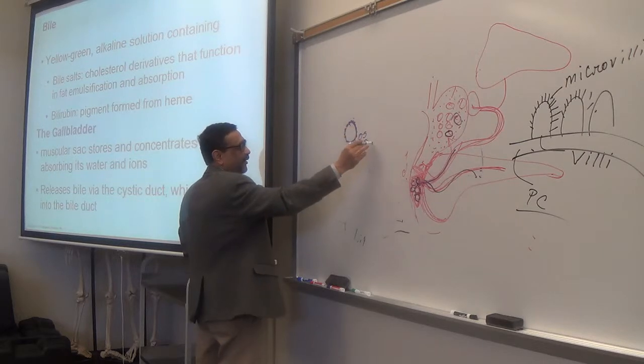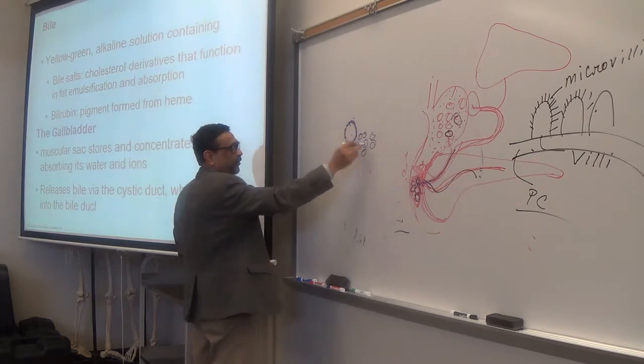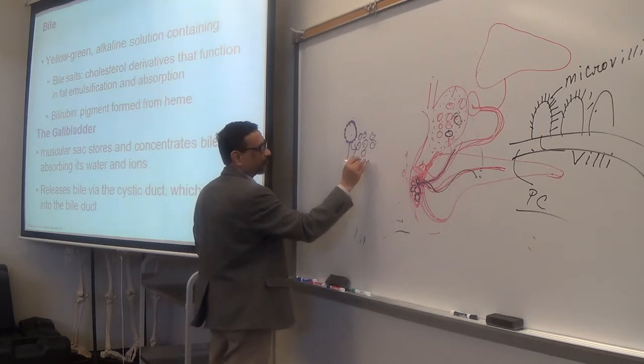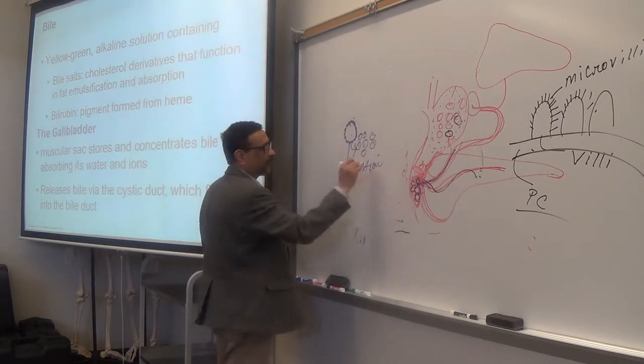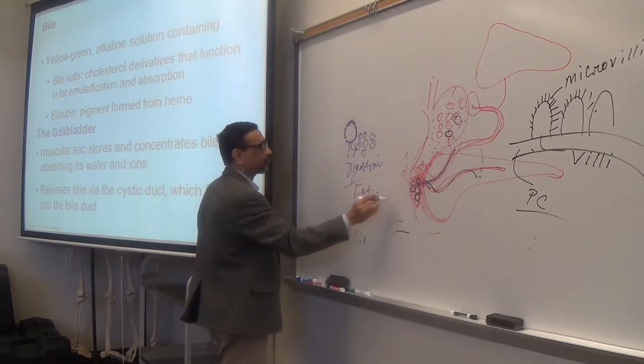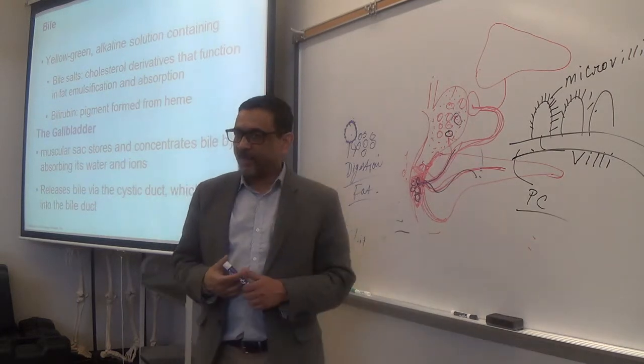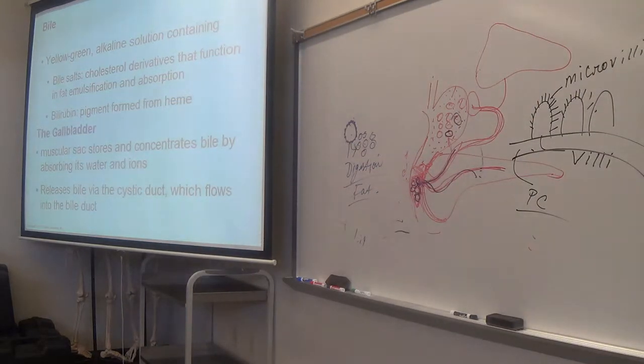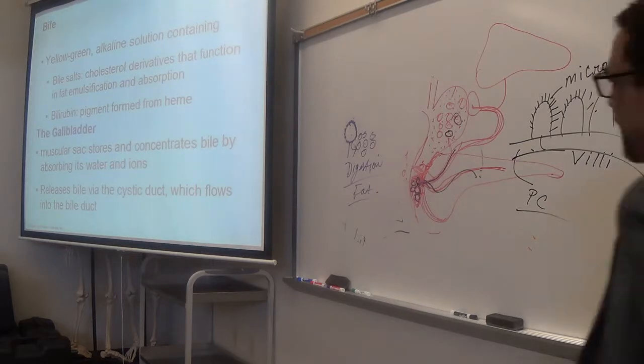So that is the digestion, right? Breakdown of large to small. So that's the digestion of fat. Okay, of fat. Bile salt acts as a detergent and breaks the food into small pieces.